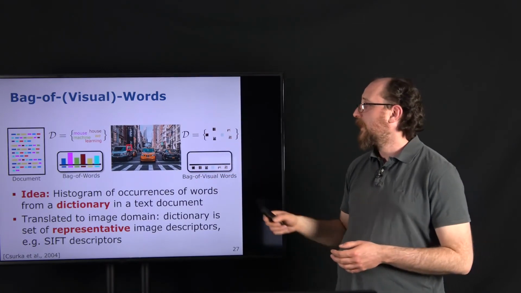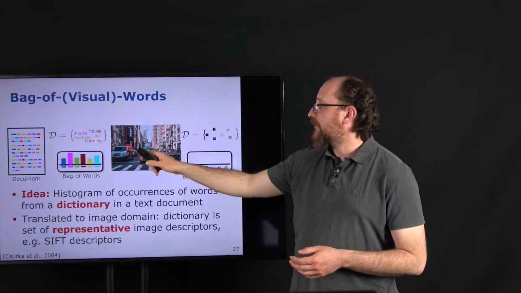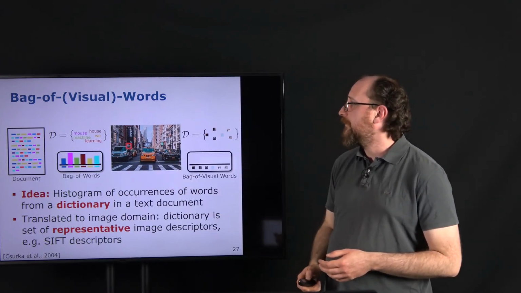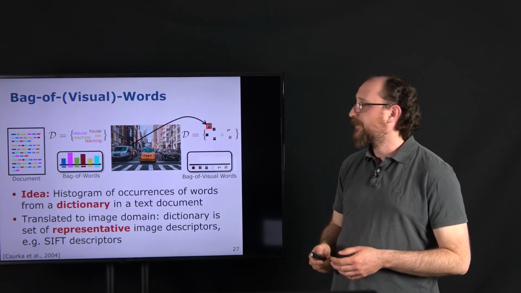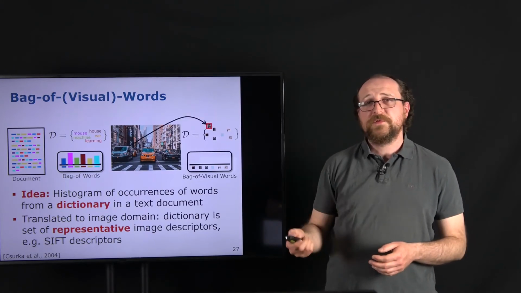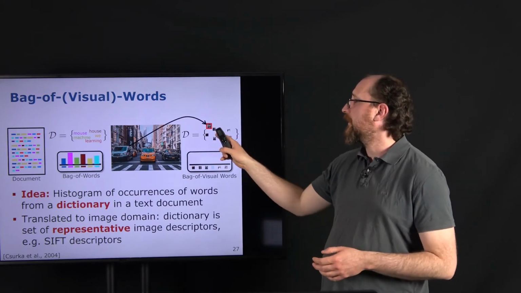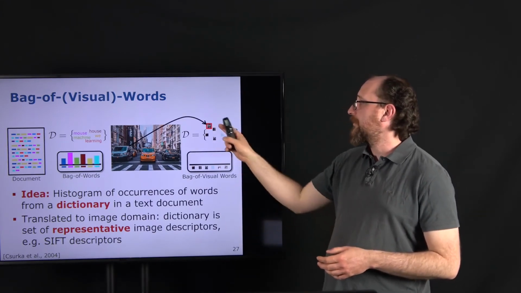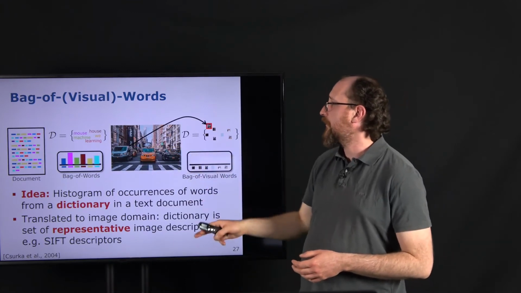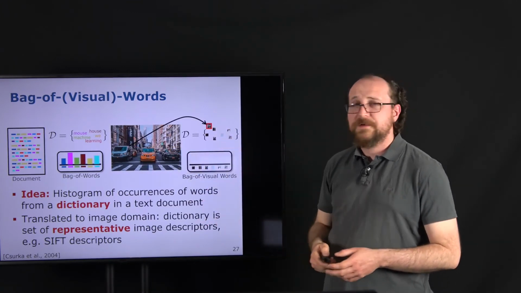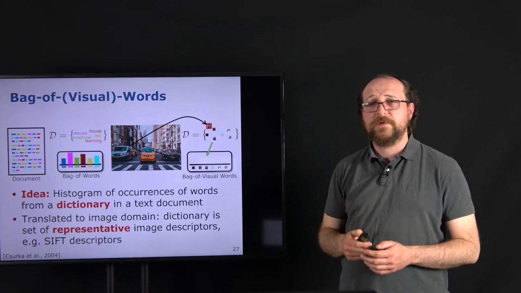We extract here regions or descriptors of the image patches, and then use the nearest neighbor relation between the dictionary and the descriptor that we extracted at a specific position to count this in the visual bag of words.